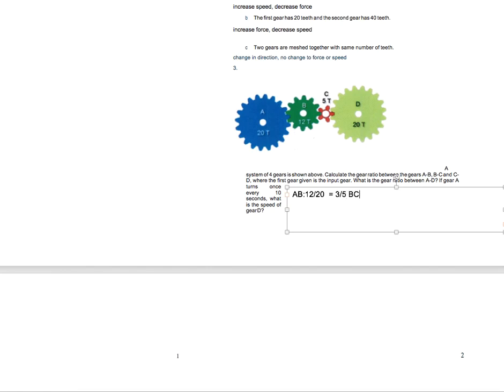B and C, 5 over 12. What have we got? We have 5 over 12, can't simplify that anymore. Let's put a comma in there so we can see that we're talking about different things. And C, D, well, there's 20 over 5, which is 4.